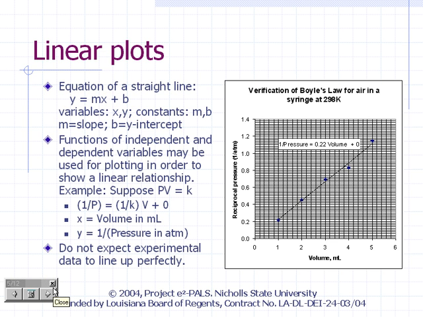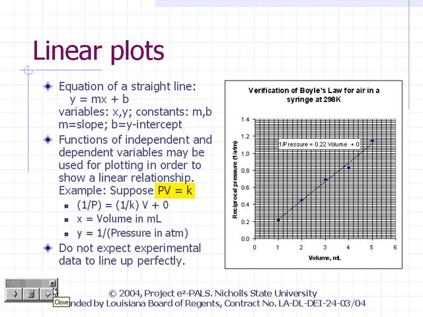In general, experimental quantities are not linearly related, but functions of these quantities may be linearly related. For example, the pressure and volume of a gas, represented here by the symbols P and V, are related by the equation P times V equals a constant, represented here by the letter K, at a constant temperature.